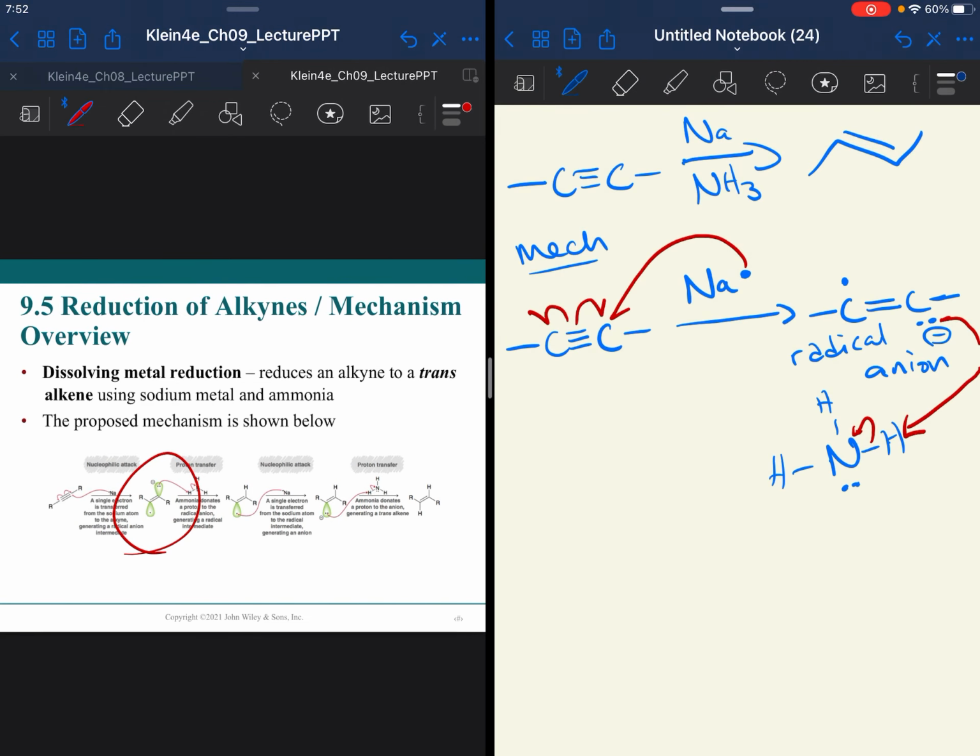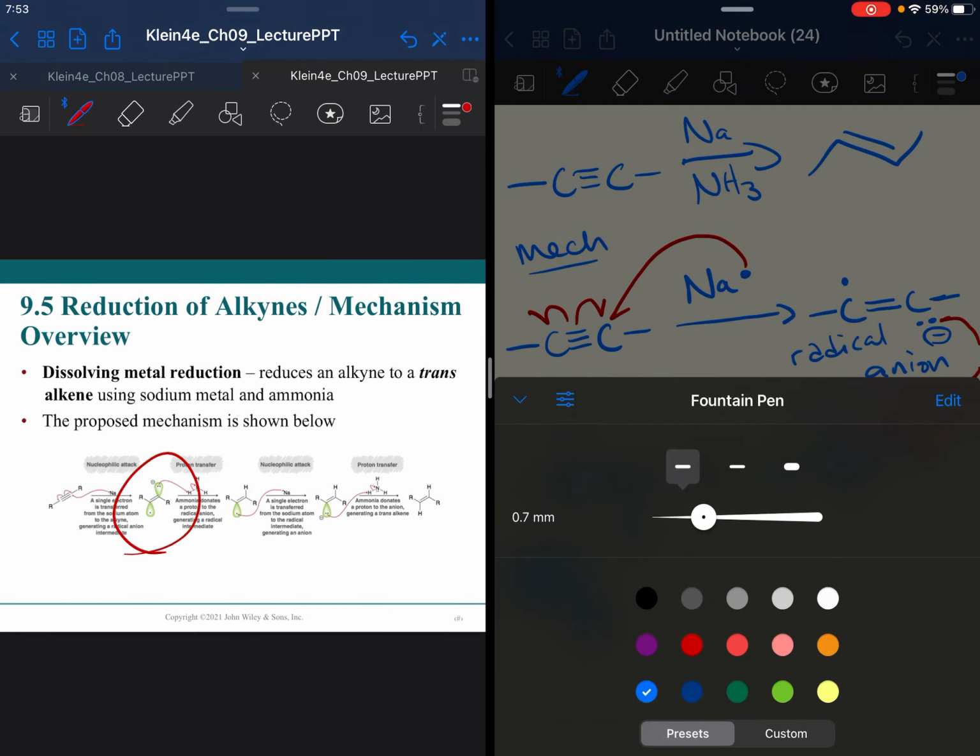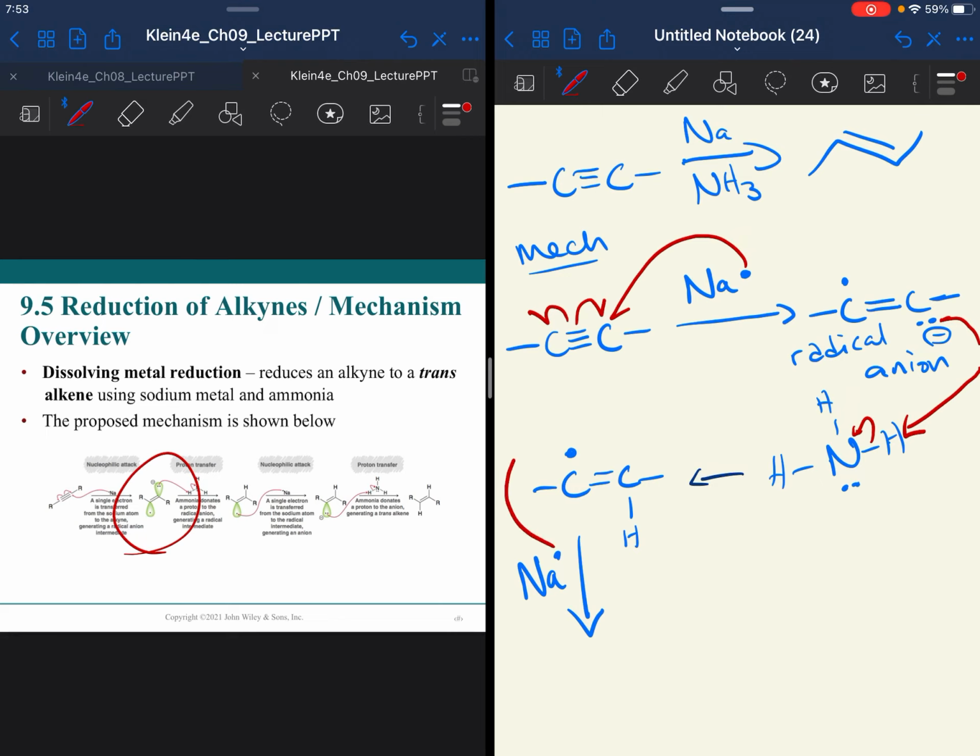So the first step gives us a radical anion. The second step leaves us with a radical. The third step uses another sodium ion. So we are going to use a single barbed arrow. It donates that electron to the radical.